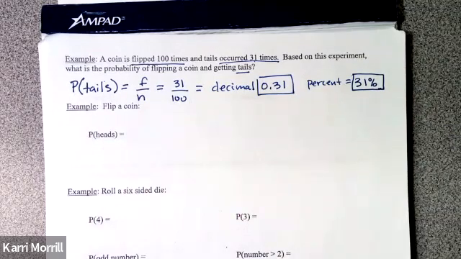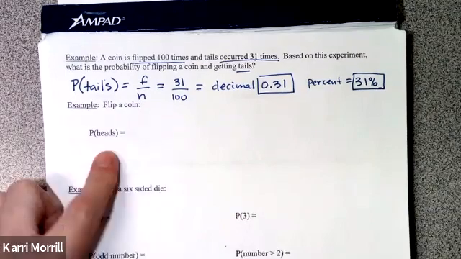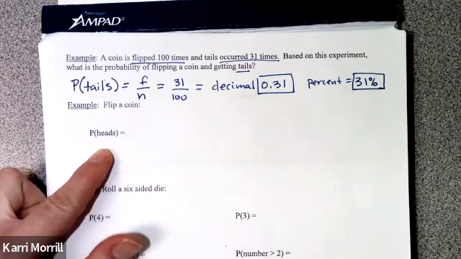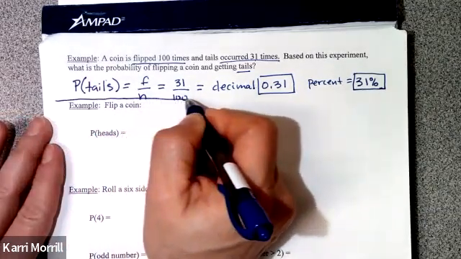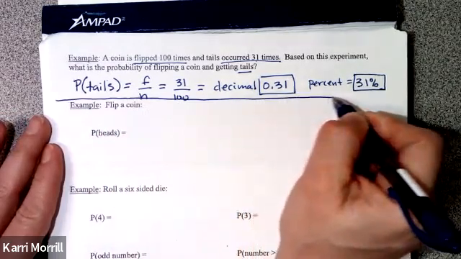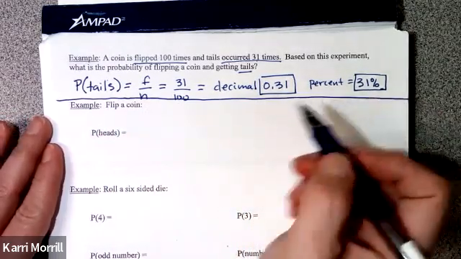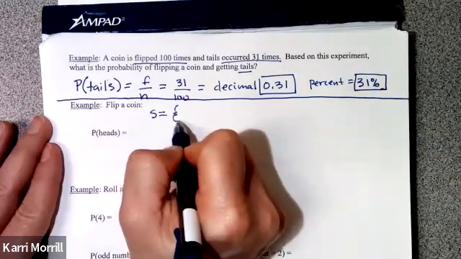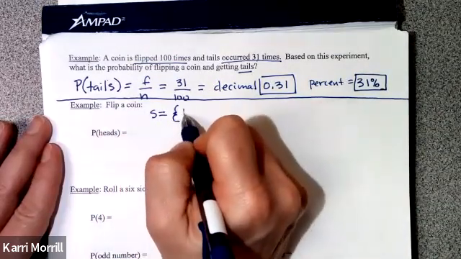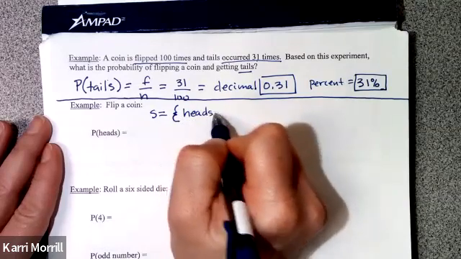So that means, what about we flip a coin and it says heads? This is a whole different example than the one above. This doesn't mean that we are doing this 100 times. This is a little bit different. So first, let's think about our sample space that we just learned about. In this case, we could get either heads or tails, right?